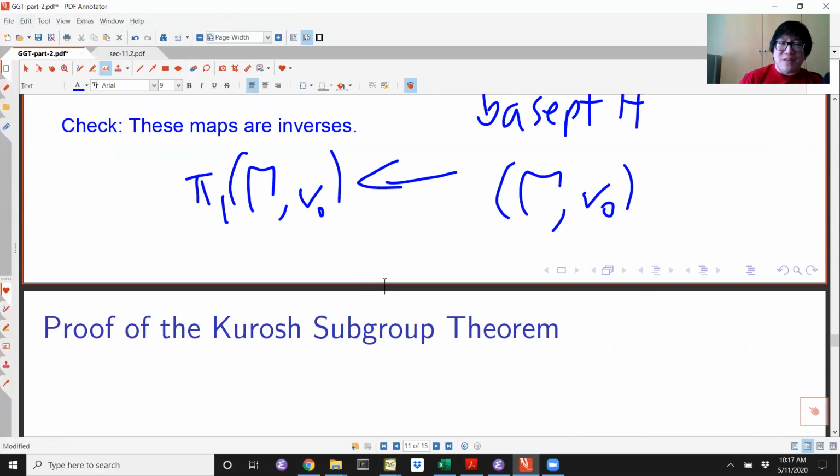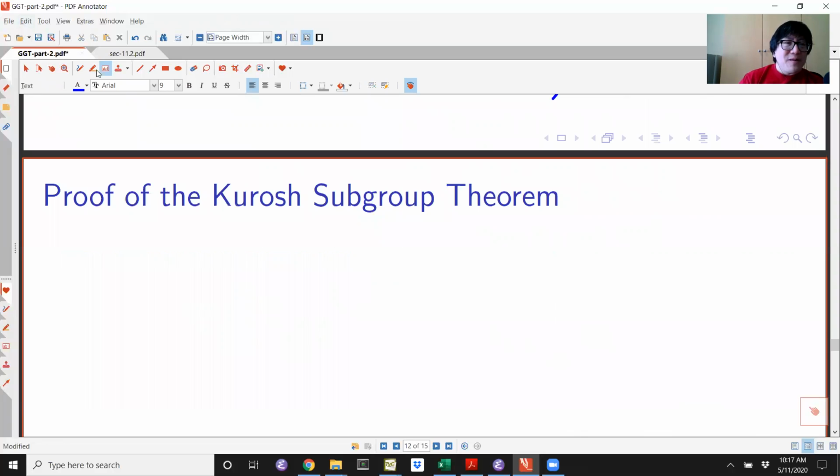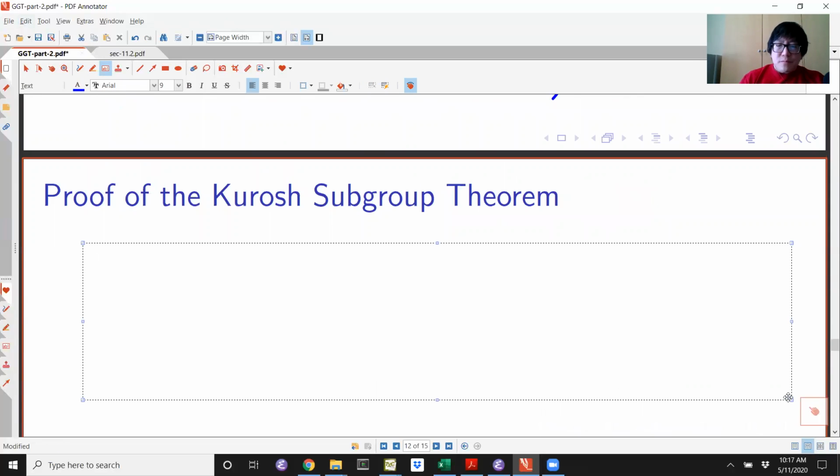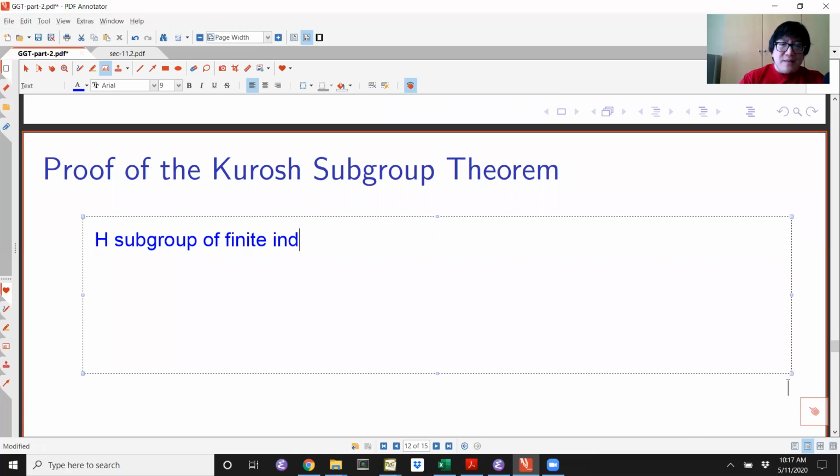So, the proof of the Kurosh subgroup theorem. Here's how it goes. It's actually pretty short at this point. Let H be a subgroup of finite index in Fn.